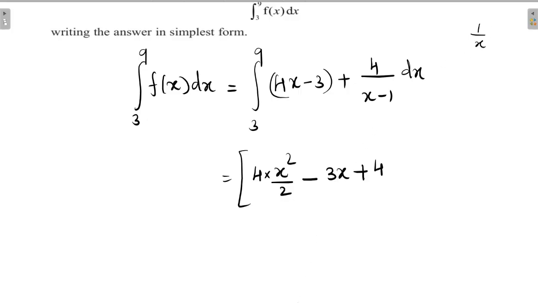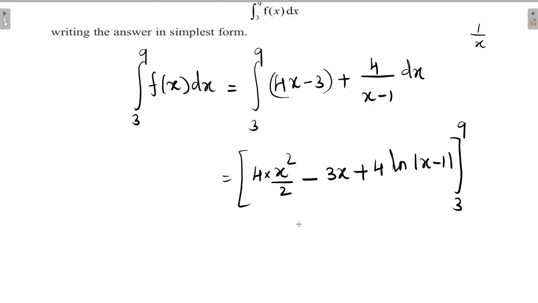The differentiation of the denominator is just 1, so it is on the numerator. So it can be written as ln of x minus 1 to the limit 3 to 9. Here there is no extra constant because the integration is within the particular limit.